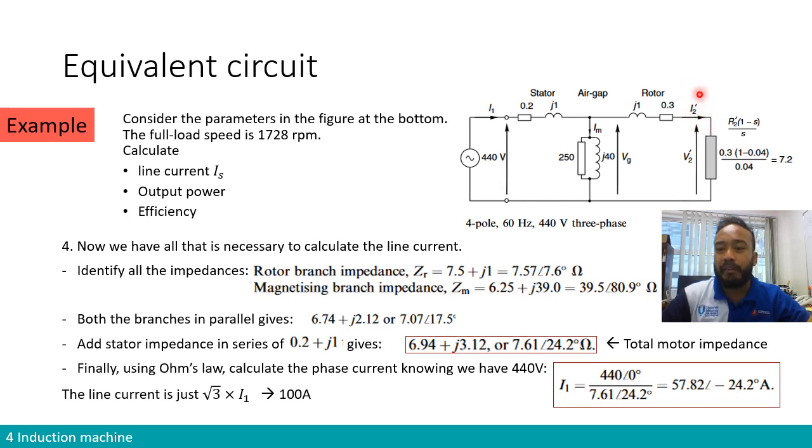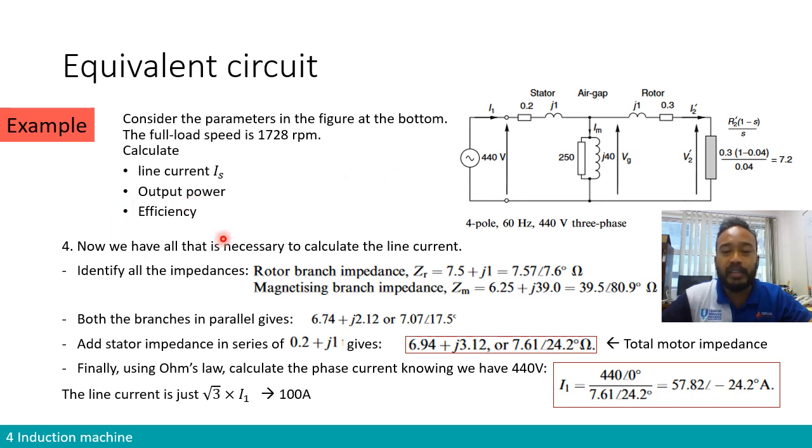So how do we get I2 prime? We already know I1, and we know the impedance of this branch and of this branch. So you can use the current divider method to find I2 prime. I2 prime squared multiplied by R will give you the output power. I'll let you do it on your own. Please try it on your own as well.